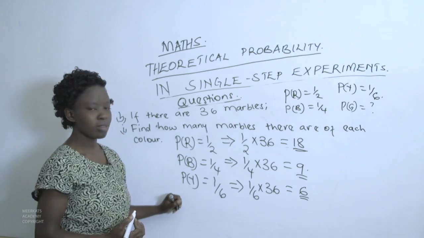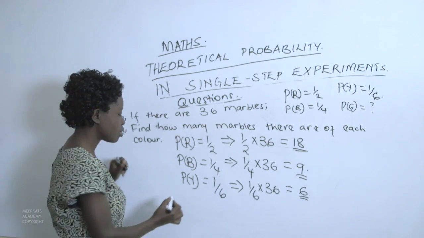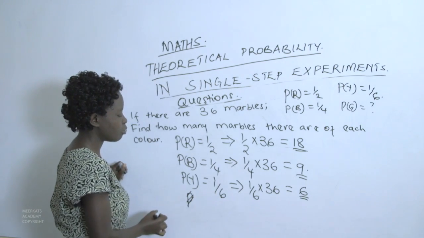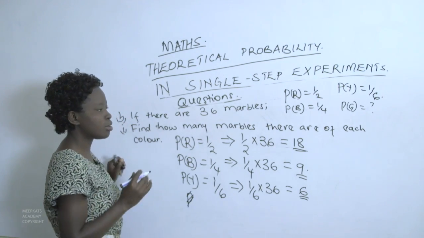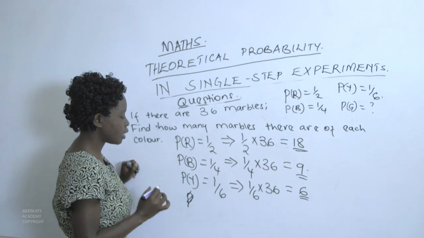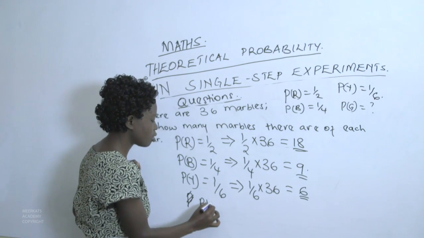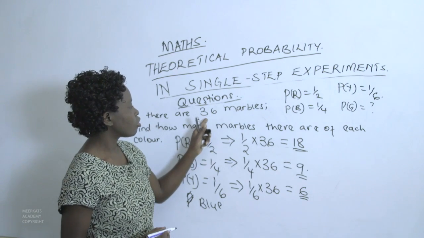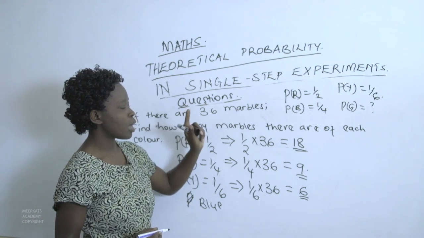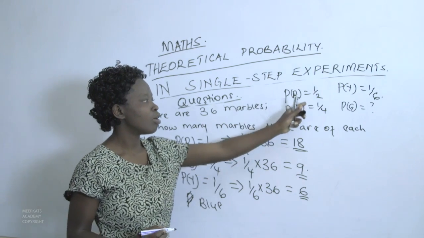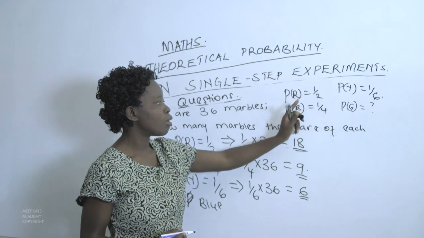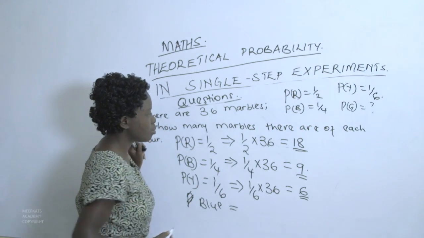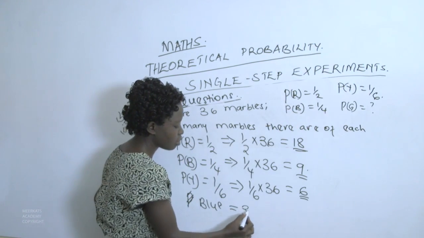So we need to get the number of green marbles, and since we already have the number of blue marbles, yellow marbles, and red marbles, we can simply obtain the number of green marbles by subtracting from the total number of marbles in the bag the sum of the red, blue, and yellow marbles. So the total number of marbles in this bag is 36.